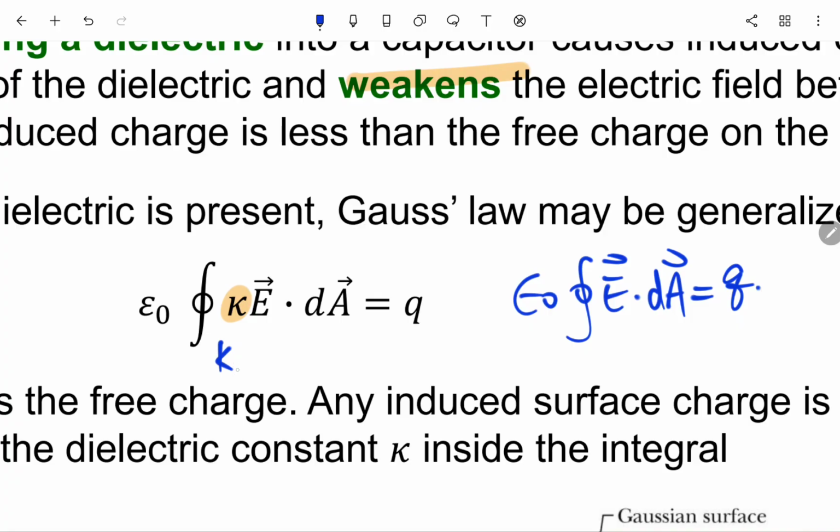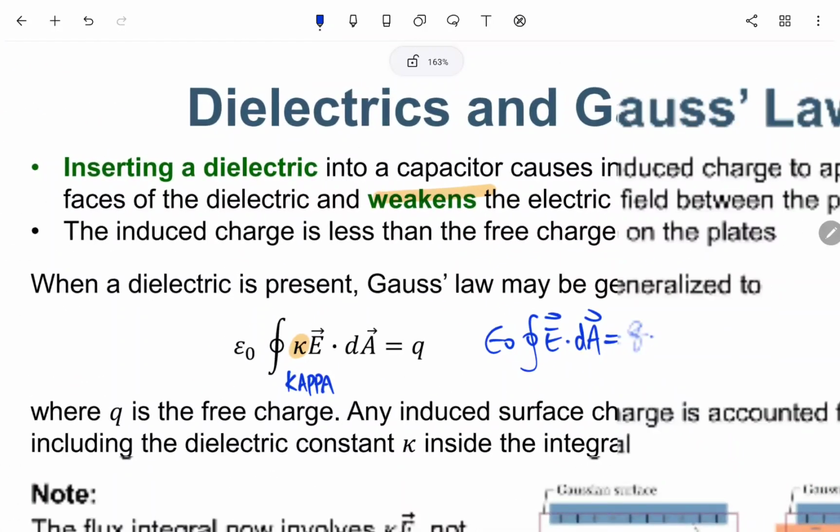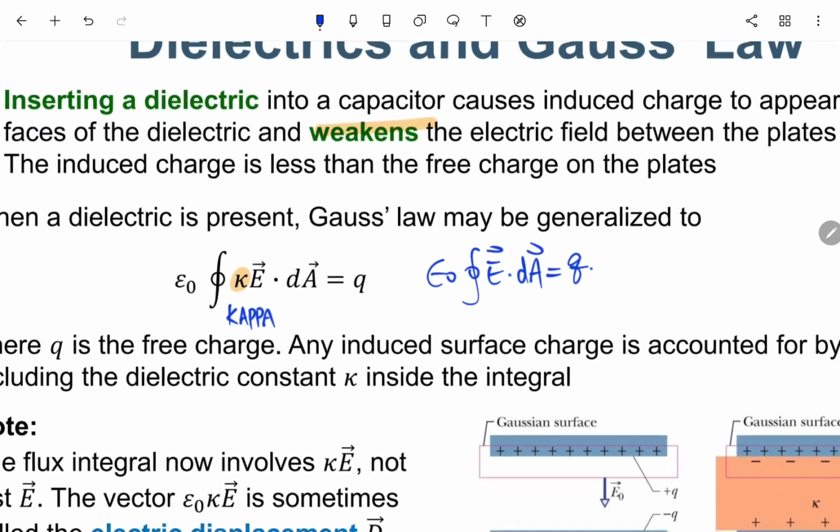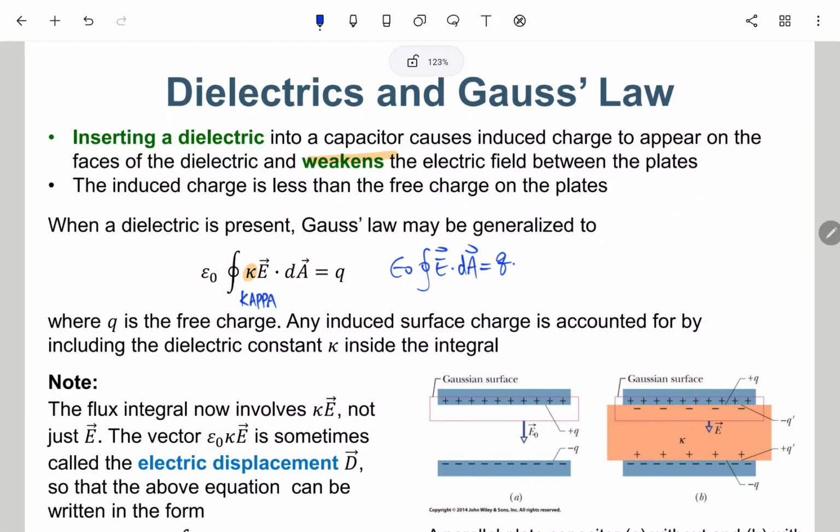This is a Greek letter, kappa, not K. Although they look alike, this is kappa, not K. So we will add this kappa when the dielectric occurs.